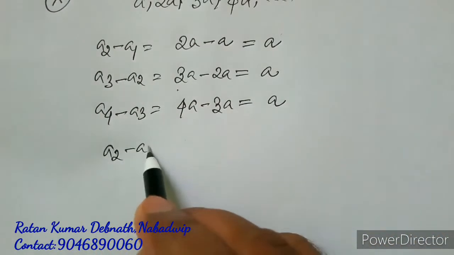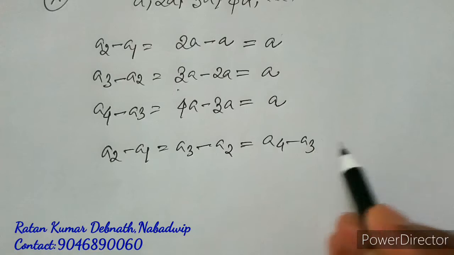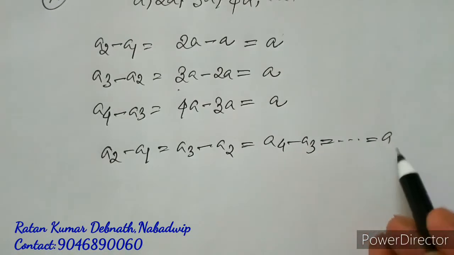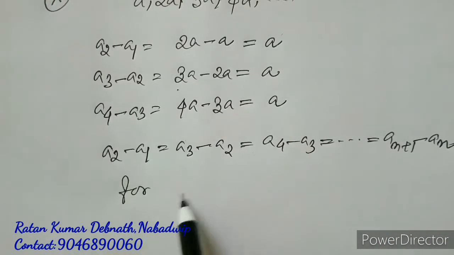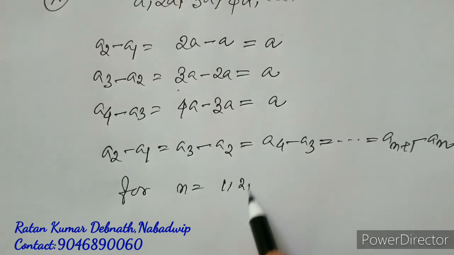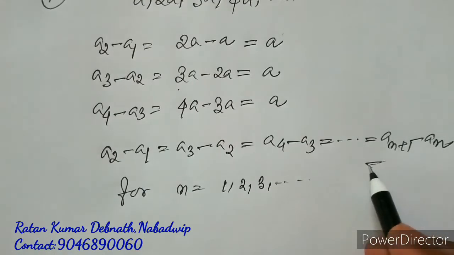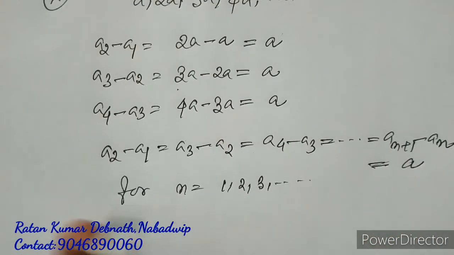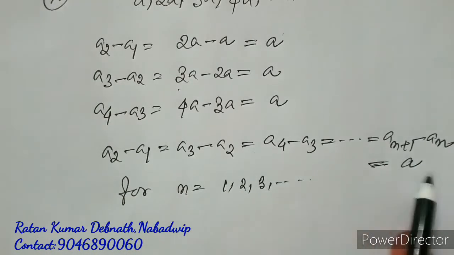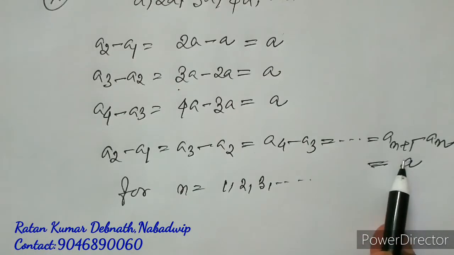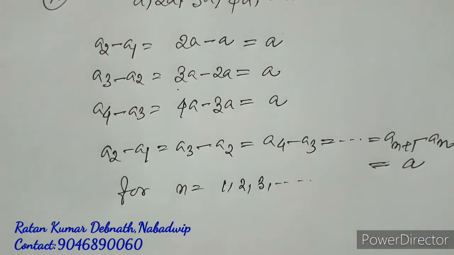So a2 minus a1 equal to a3 minus a2 equal to a4 minus a3, that is an plus 1 minus an for n equal to 1, 2, 3, etc., equal to a.